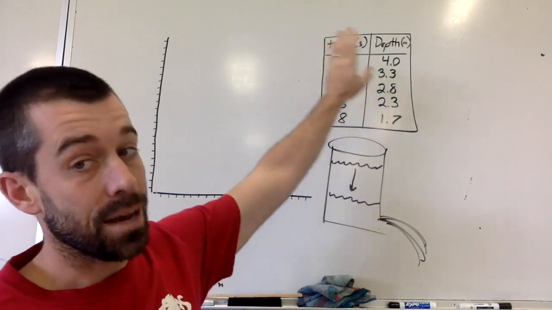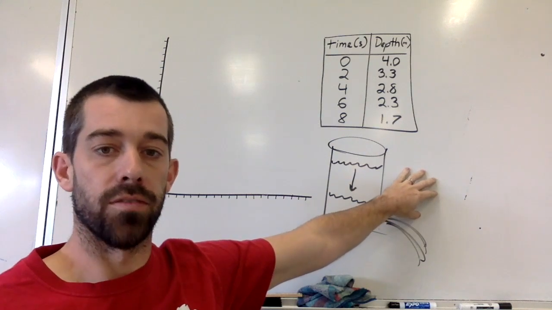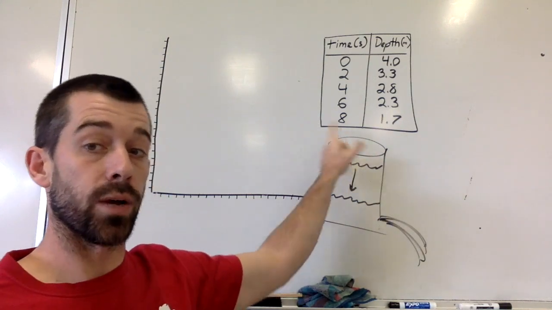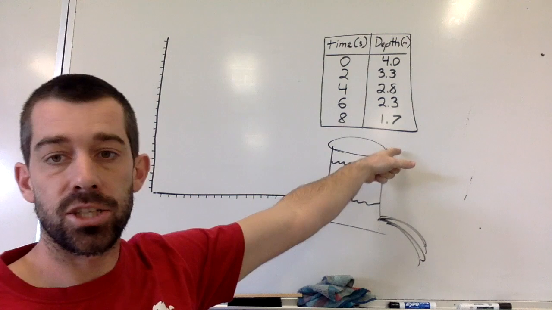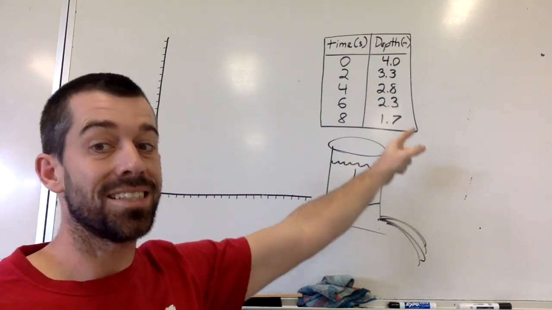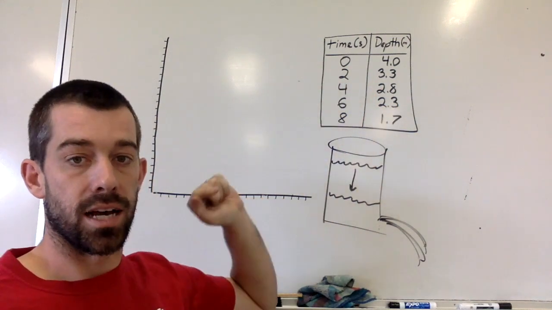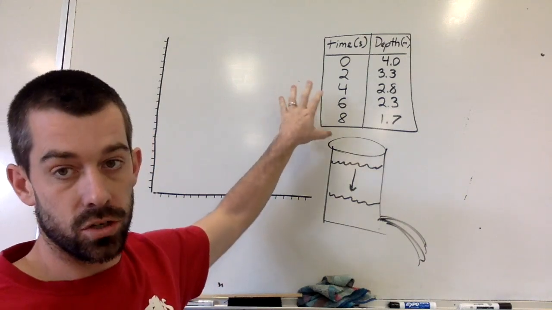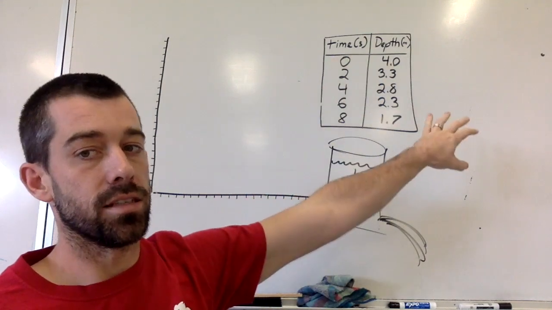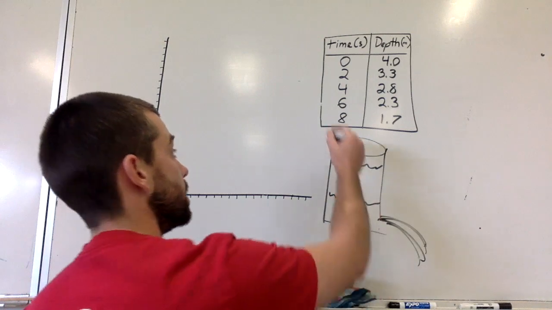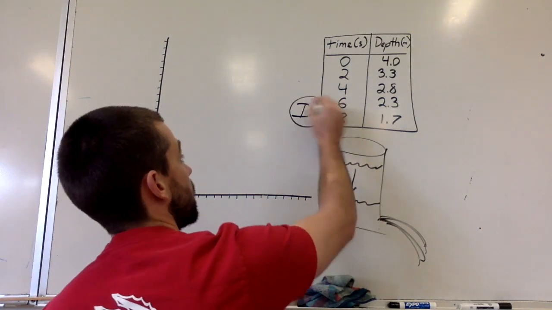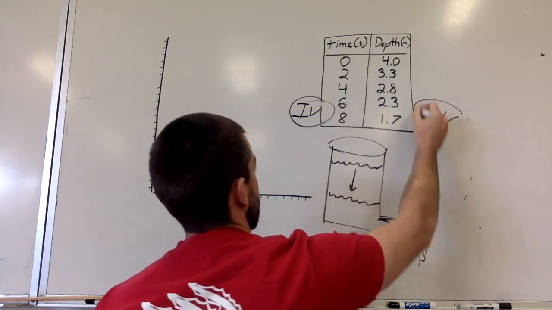And then depth is a result of time. It doesn't go the other way. You might be able to change the depth of the water, but that doesn't determine the time. All right, so causation starts with this. This is the cause. This is the effect. In other words, this is the independent variable, and this is the dependent variable.